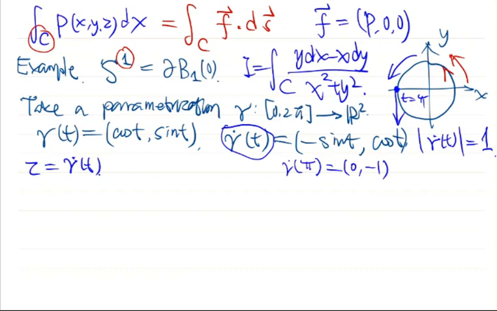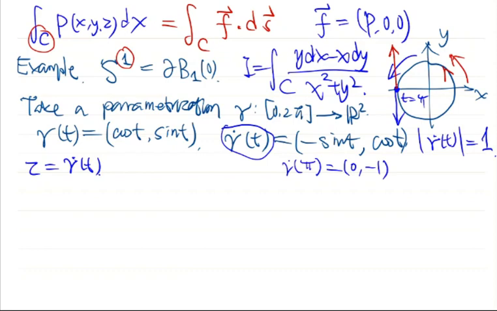If our orientation were clockwise, we would see that the direction of tau, that is our orientation, is different from the tangent vector determined by this parametrization. Because if you are oriented clockwise, then the tangent vector of the curve at this point should be the reverse of gamma dot at pi.